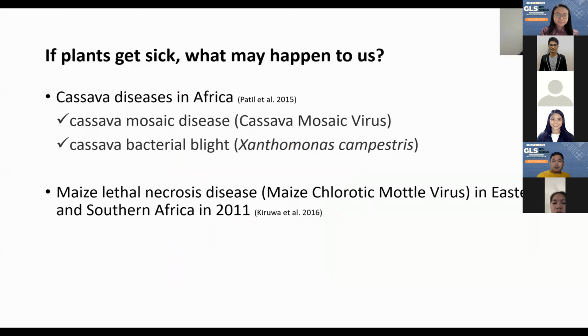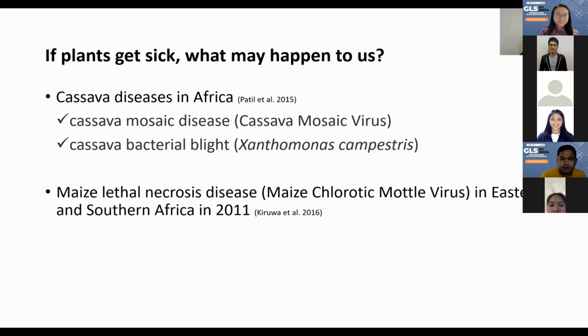And there are some more recent plant disease epidemics happening in Africa, impacting cassava and corn crops. These plant disease epidemics were caused by viruses and bacteria.